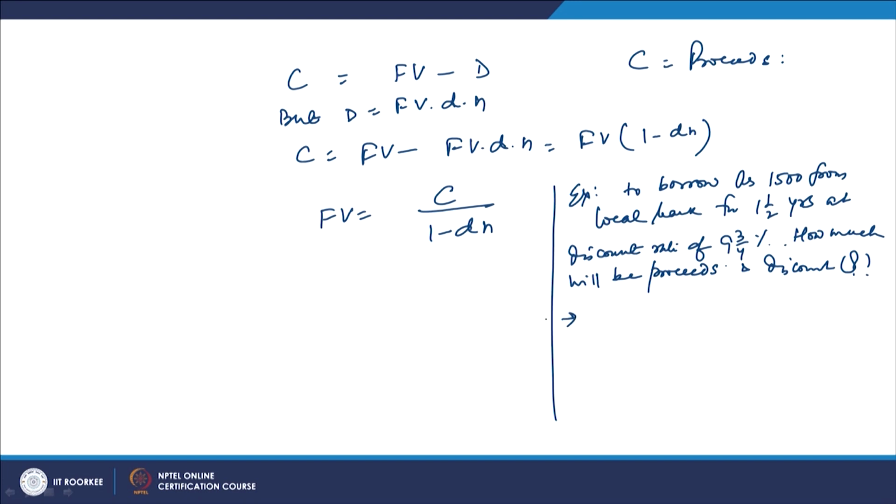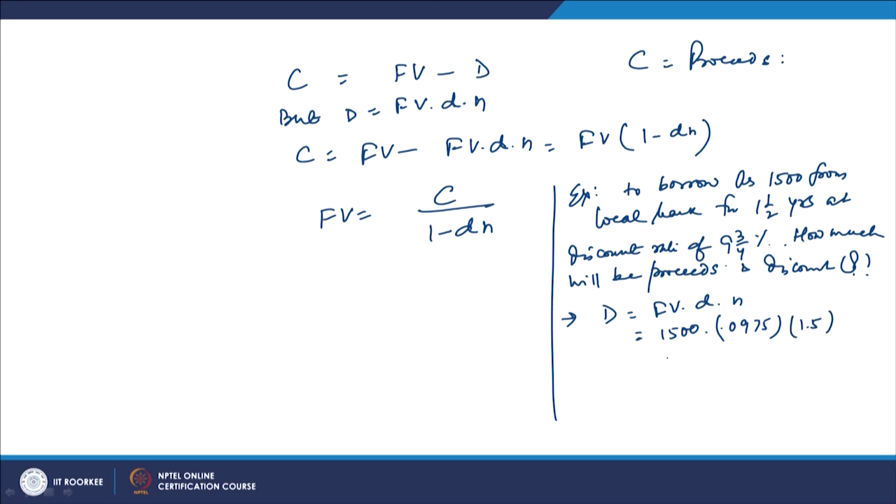So we know that the discount D will be FV into D into n. So it will be 1500, and then the discount rate 0.0975, and then you have 1.5 years, so 1.5.